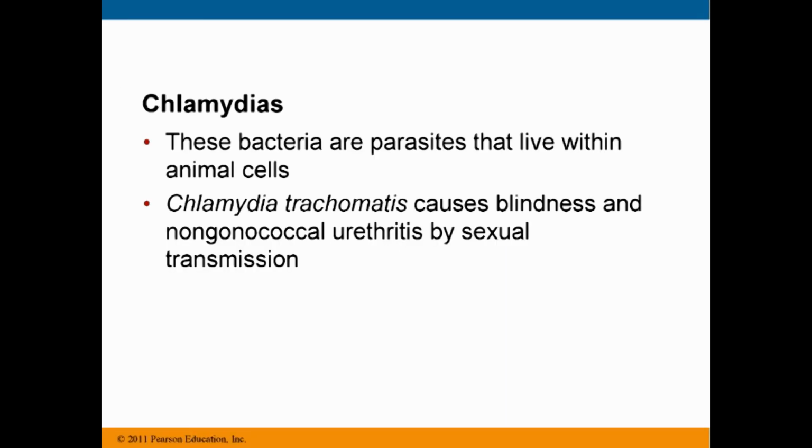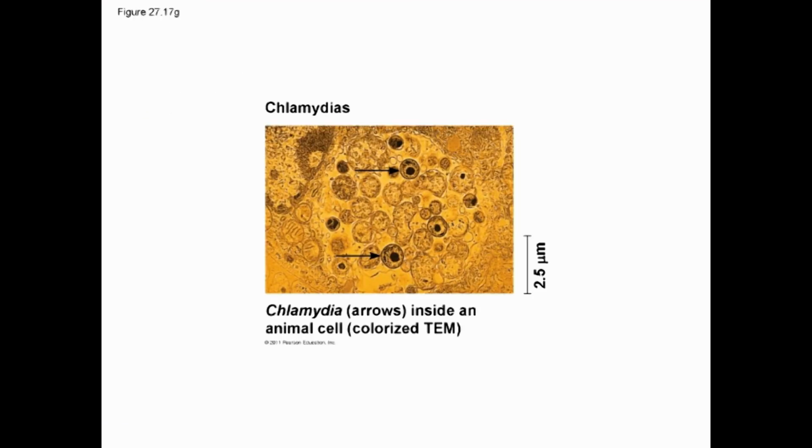This is all in your book. So chlamydias, these are parasites that live within animal cells. So the genus here is chlamydia, and it's a sexually transmitted disease that can cause blindness. And this is what it looks like. So you're looking here at the arrows.